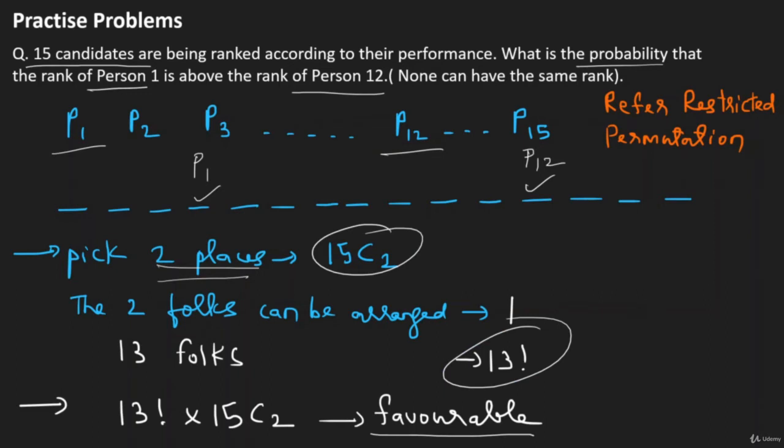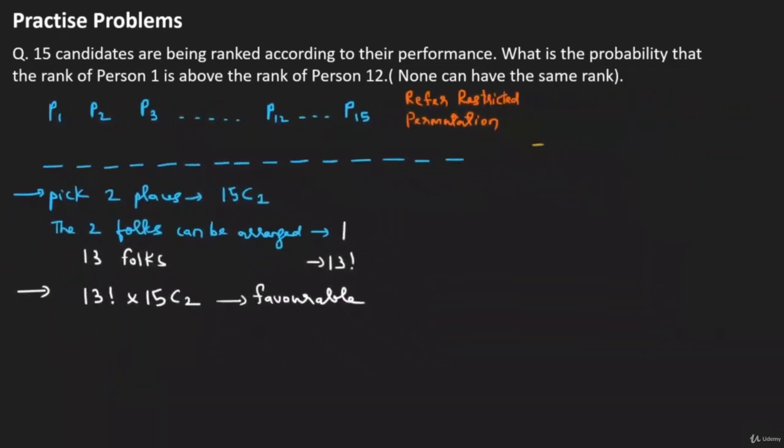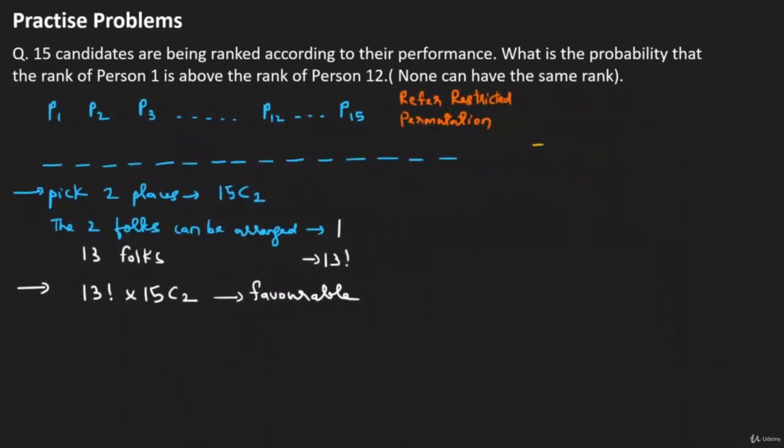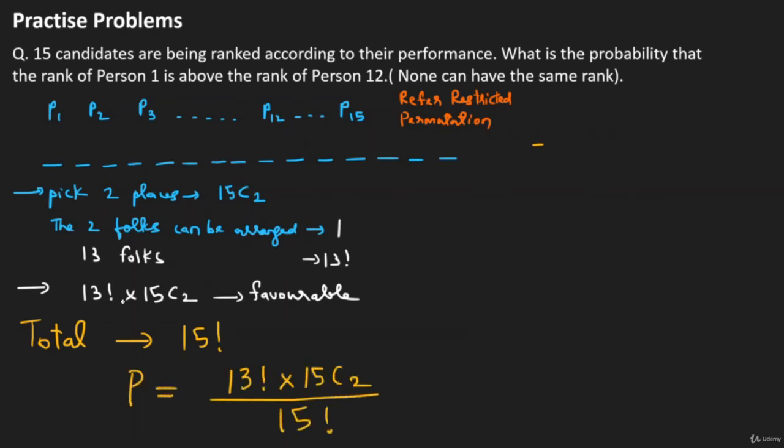And we know that probability is favorable by total. Now we have 15 places and 15 people, so 15 people can be arranged in 15 places in a total of 15 factorial ways. Therefore, probability is equal to favorable by total, which is 13 factorial into 15C2 divided by 15 factorial.